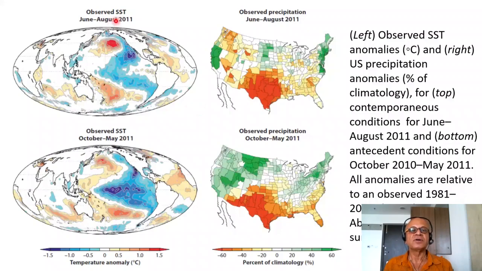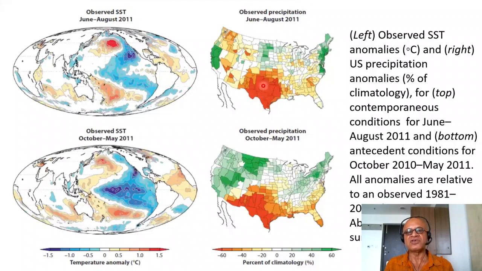So here are observed June to August 2011 temperatures. It has this kind of a pattern which has certain PDO phasing, let's say. This pattern here has an impact on precipitation over Texas here.